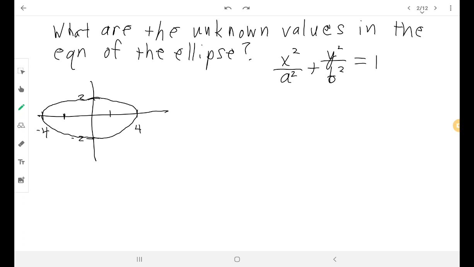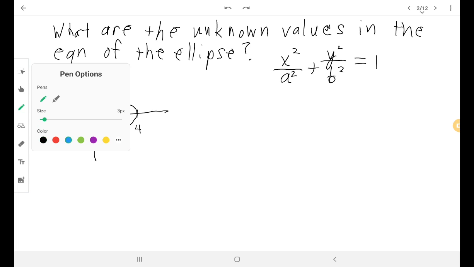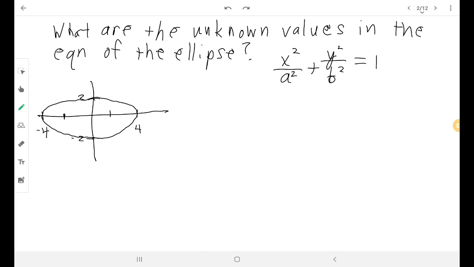So from the center here, actually, let me change colors so that we can see the rest of this work a little bit easier. So from the center here, which is at 0, 0, out to a vertex, that'll be the distance a, okay?